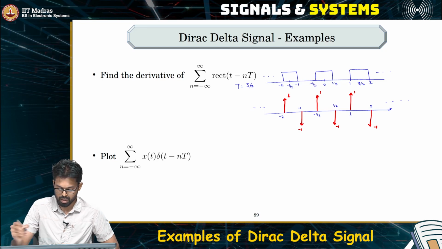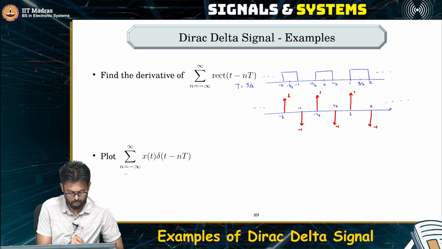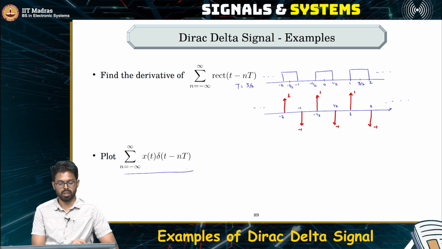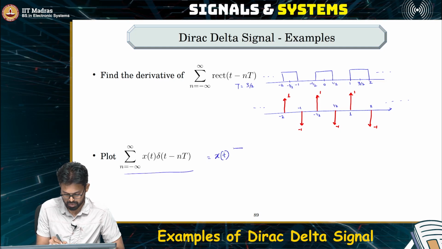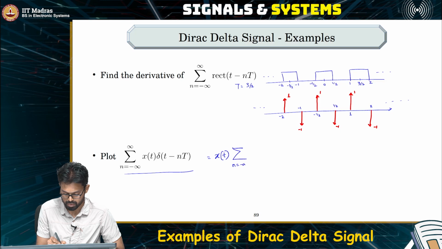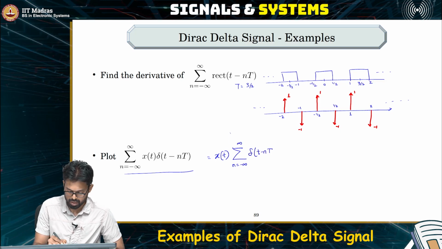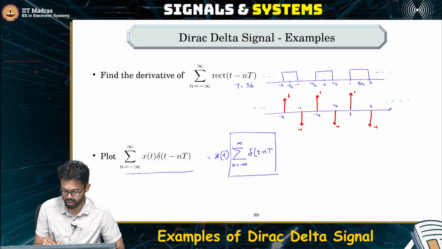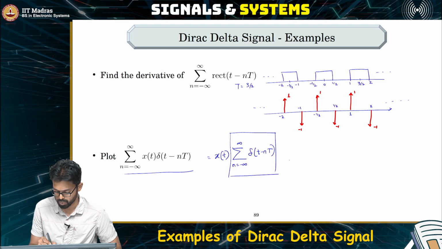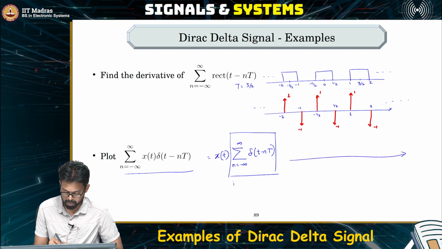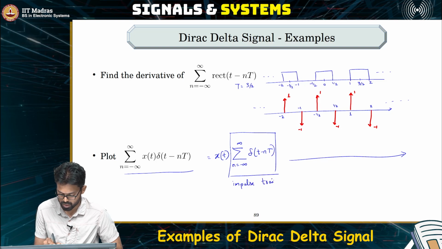Okay. Now, how would you plot this function? This is as good as saying that you are multiplying x of t with delta of t minus nT. Essentially, you are constructing a periodic signal out of the Dirac delta functions. So this is what we will call an impulse train. Why is this called an impulse train?